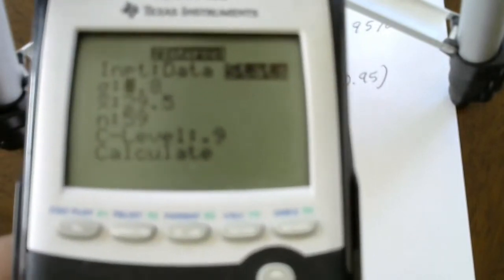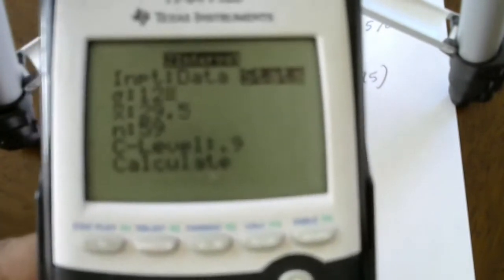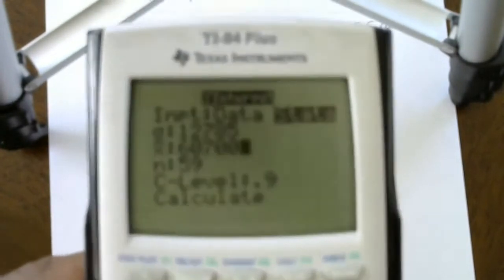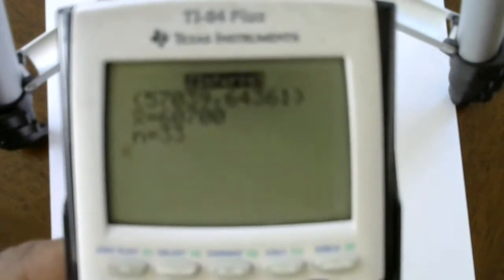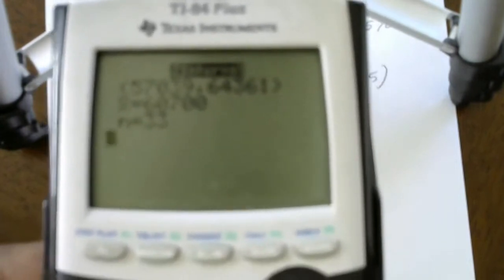So our standard deviation was 12,785. Our mean salary was 60,700. N was 33. Our confidence level was 90%, 0.9. And we have the same interval.